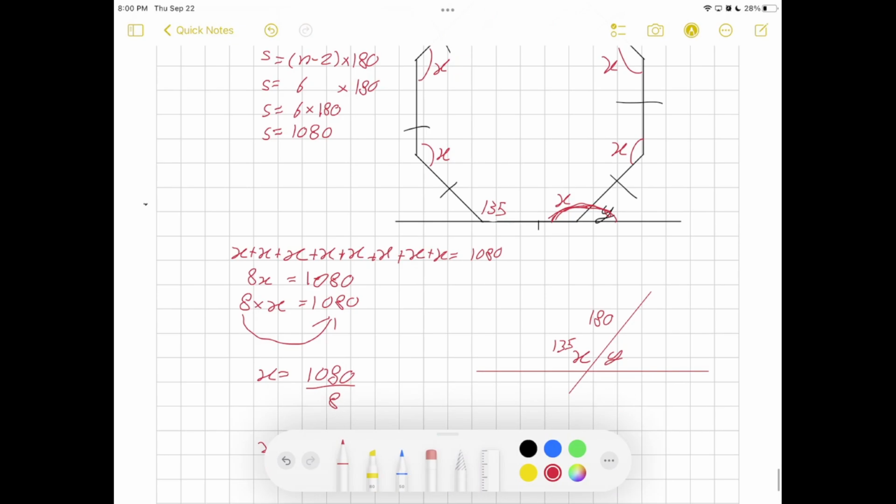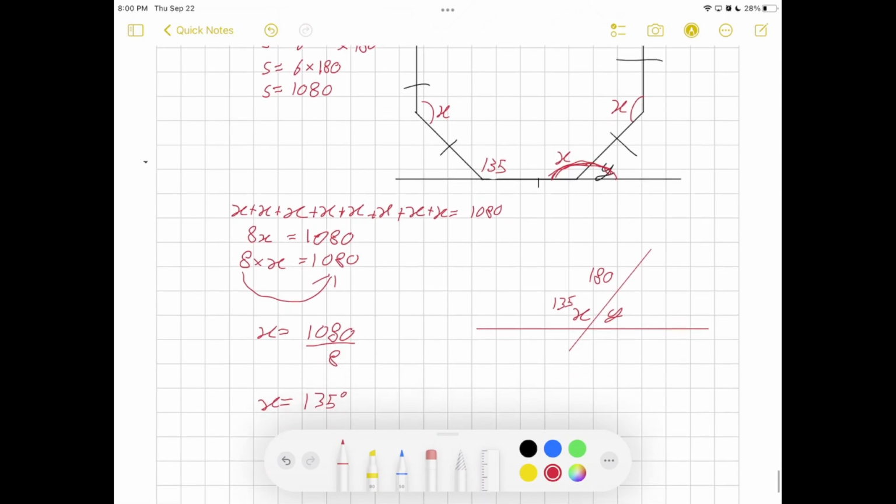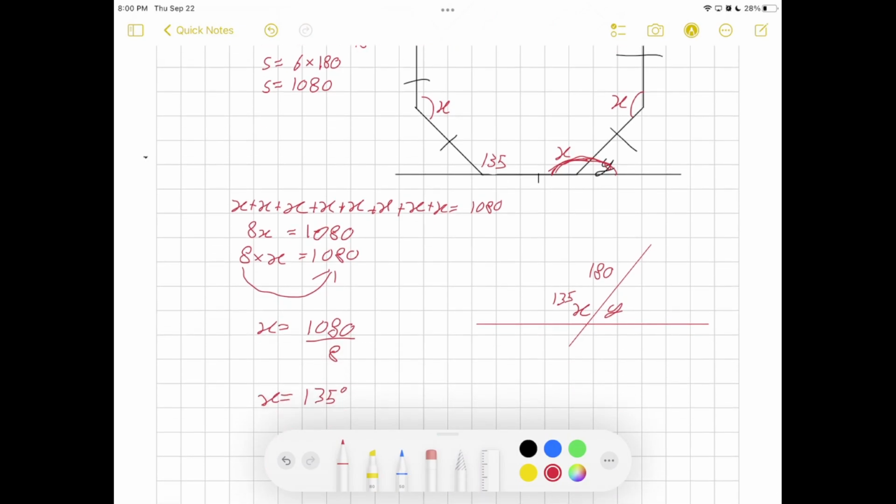So we simply subtract that from 180 to get our remainder, which is going to be our y. So 180 subtracted by 135, and the answer is 45. So y is equal to 45 degrees. That's how you solve D.